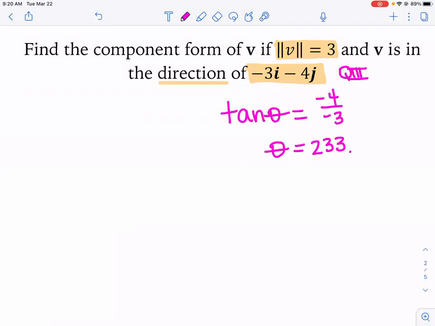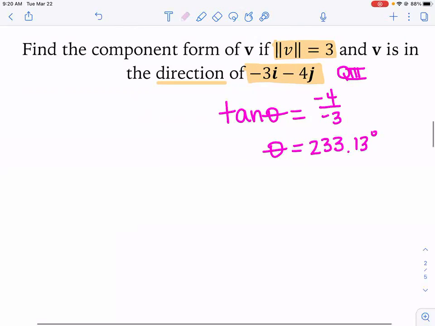So 233.13. Okay, so your acute angle was 53.13 degrees, but then we're gonna have to add that to 180 to get our third quadrant angle. So now I want our vector.